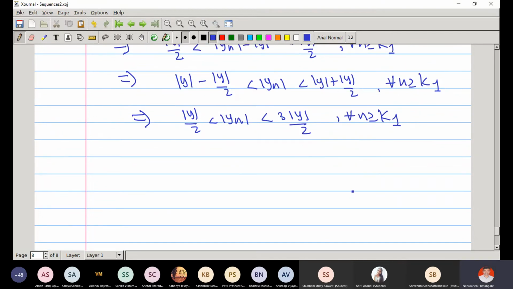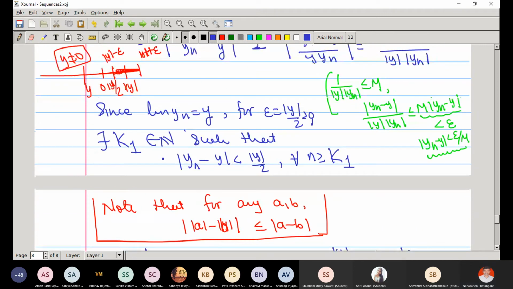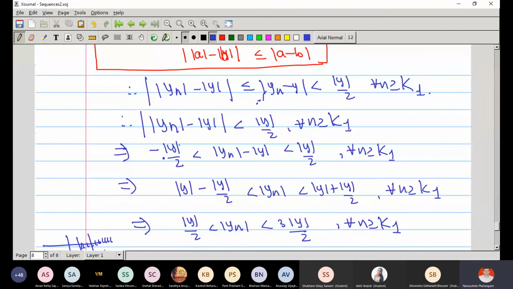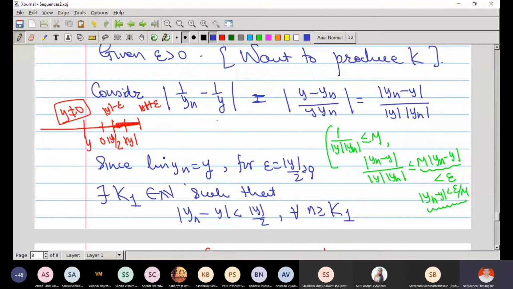Correct? Yes, sir. Right. And therefore, what is the final result we got? This is absolute value of y, and we found that there is k1, after k1 all terms are greater than this. So we found this number. Correct?